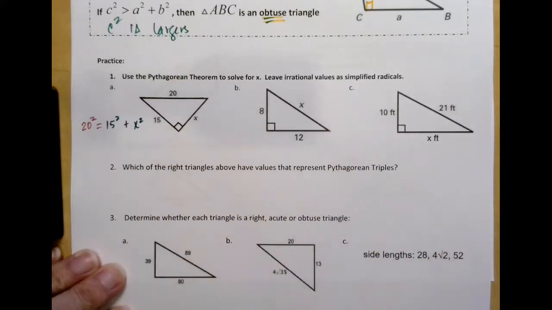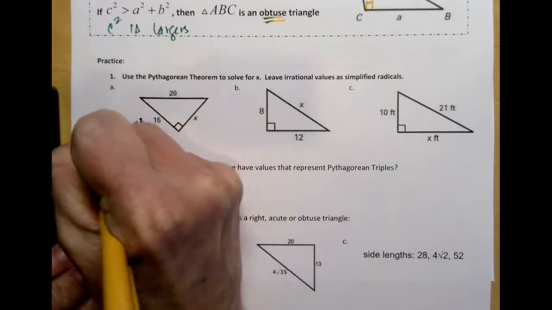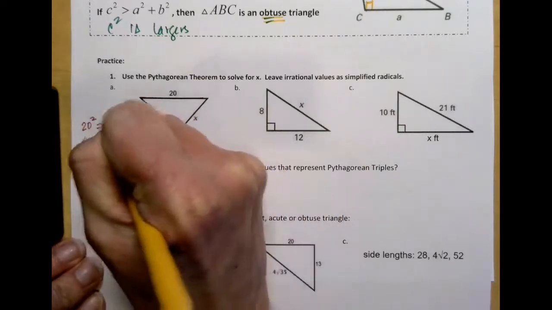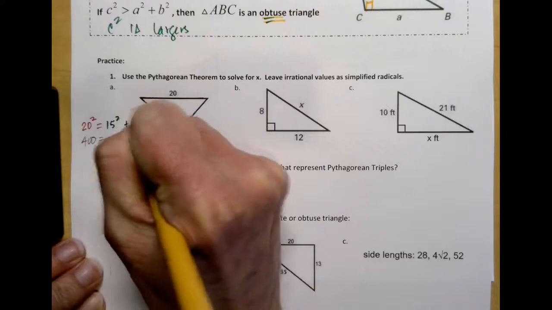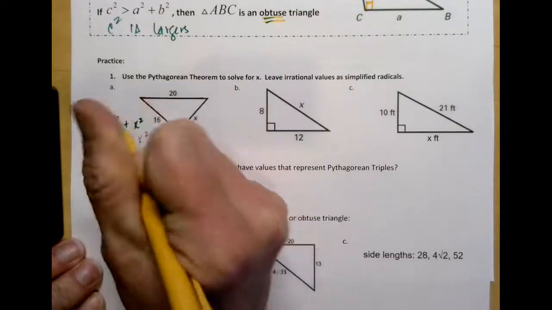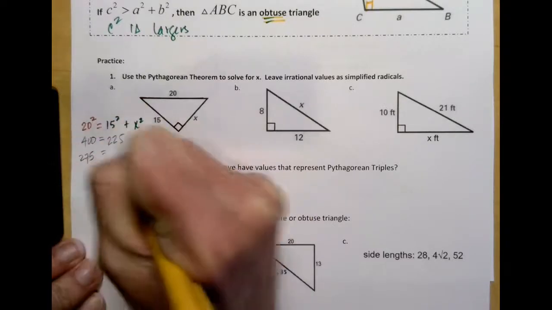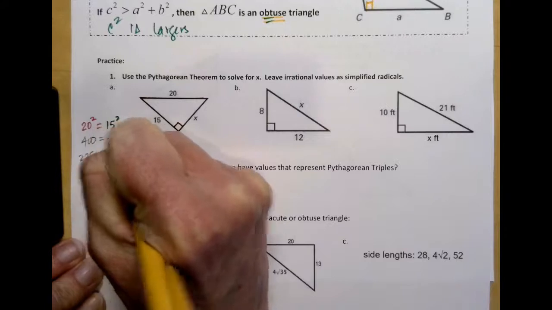When I go ahead and solve this, I can set my equation up, and like I said, it's easier if c is over here. So 400 is equal to 15 squared, which is 225, plus x squared. So when I do some subtraction, I get 175 is equal to x squared.